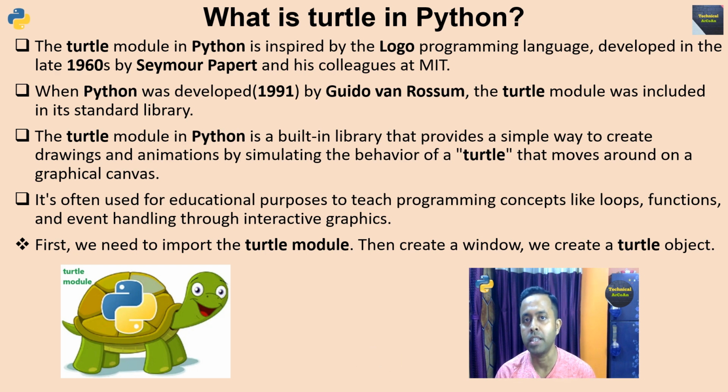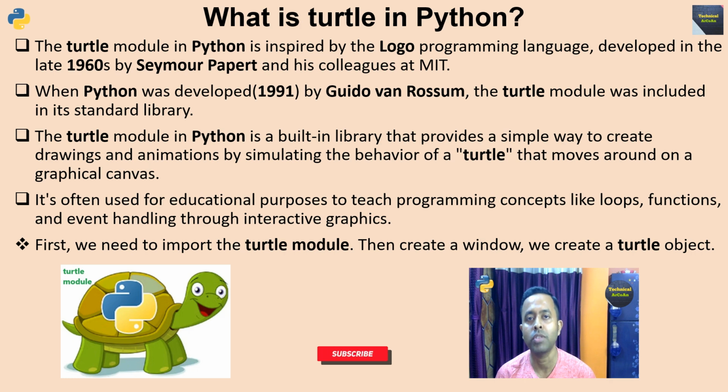It is a built-in library that provides a simple way to create drawings and animations by simulating the behavior of a turtle that moves around on a graphical canvas. It's often used for educational purposes to teach programming concepts like loops, functions, and event handling through interactive graphics.